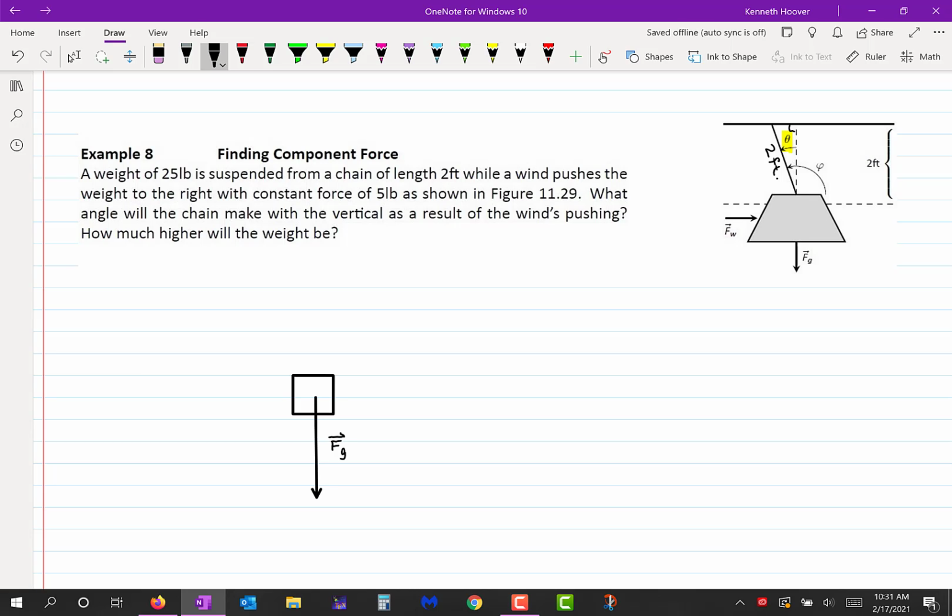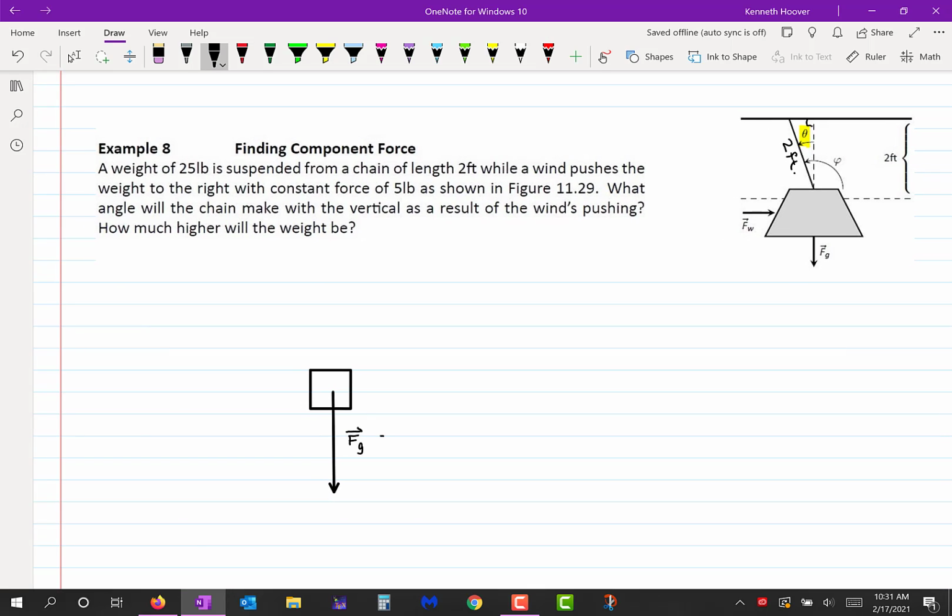And let's go ahead and write down what that vector is. It has a magnitude of 25 pounds and it's acting straight down. So that's going to be 0, -25.